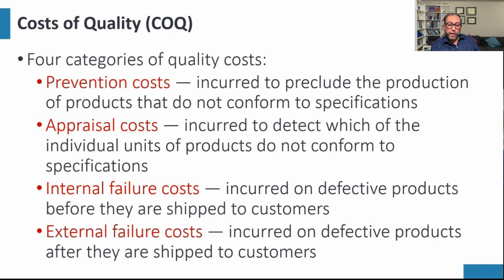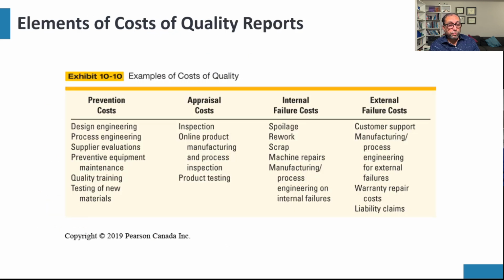If it is identified at the time of appraisal, then we have to rework on it. And if it is not identified there and the customer is not satisfied, then there's an external failure cost for that.